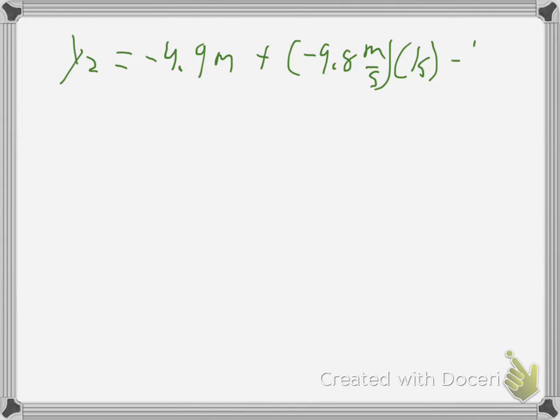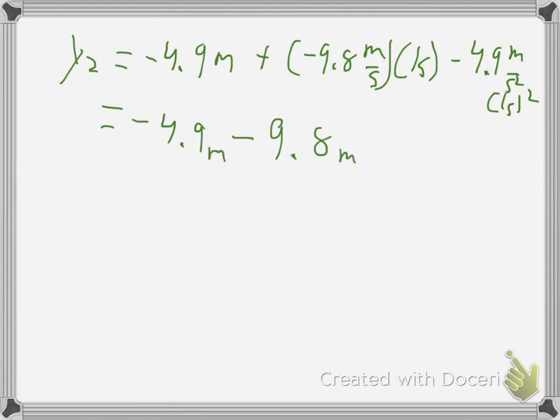And then I'm going to simplify this to 4.9 meters per second squared times 1 second squared. So we get minus 4.9 minus 9.8 meters minus 4.9 meters.